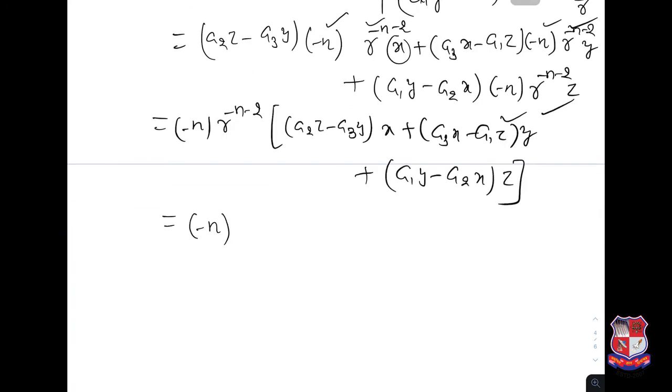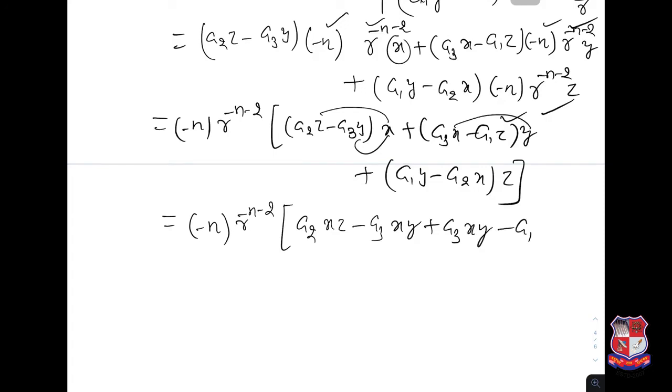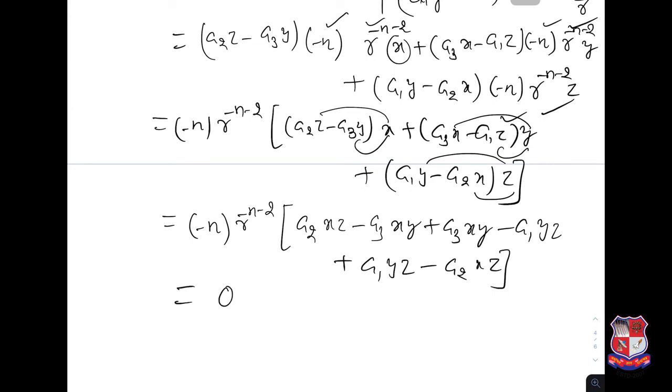So this is equal to minus n R power minus n minus 2 times (A2xz minus A3xy, plus A3xy minus A1yz, plus A1yz minus A2xz), and see that this is 0 because A2xz cancels, A3xy minus and plus cancel, minus A1yz plus A1yz also cancel, so that is 0.